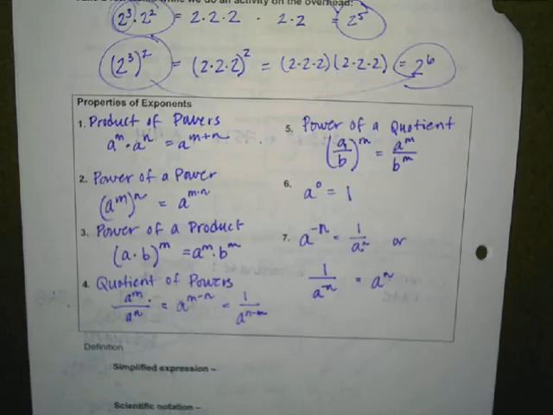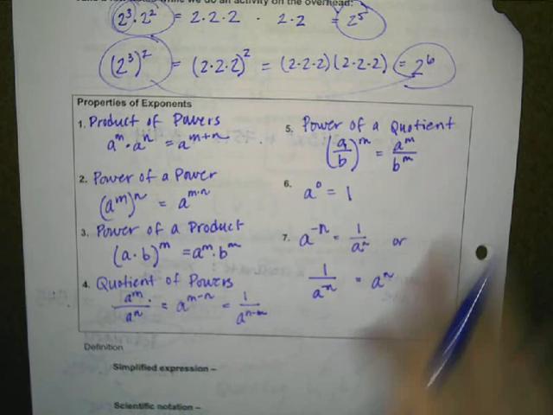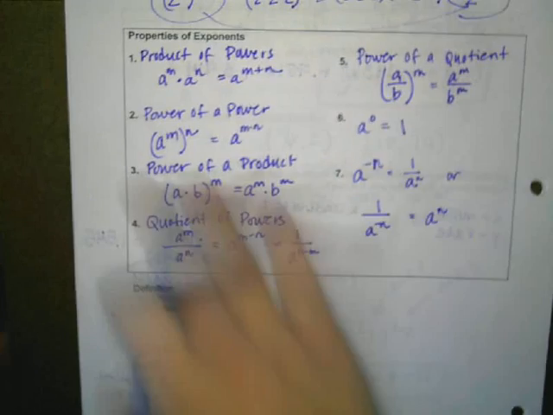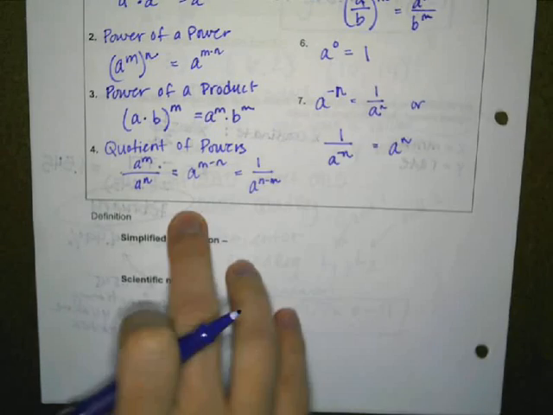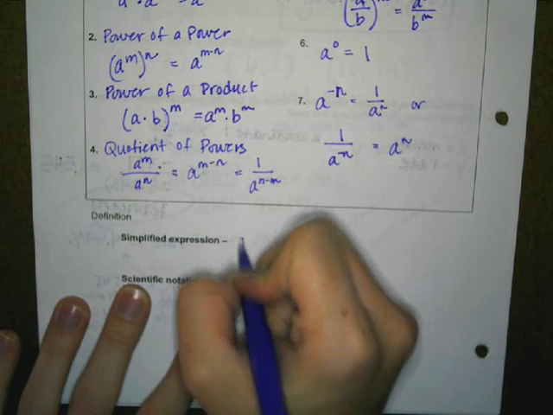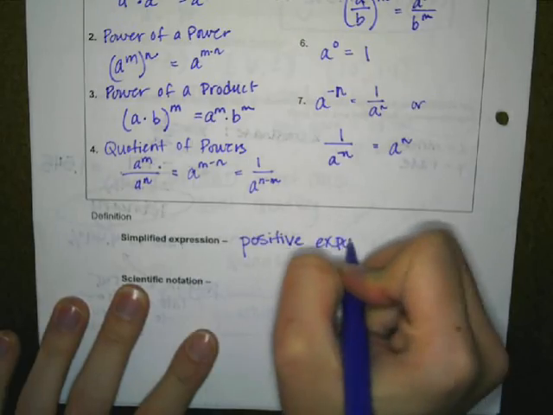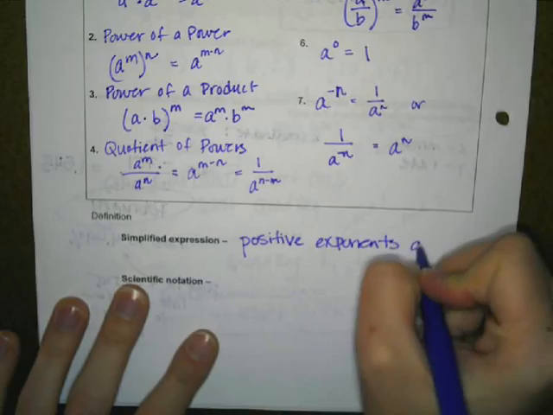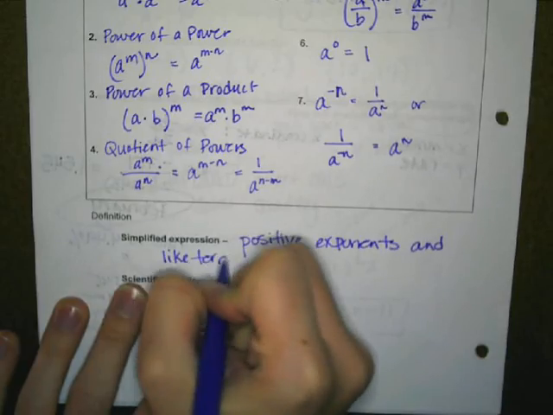Okay, this again should not look foreign to us, but it's been a while since we specifically talked about it, so that's why we review. We're going to play with some of these properties and problems on the next page, but when I ask you to simplify an expression, what I'm asking for is that at the end of it, you have all positive exponents, and that your like terms have been combined.